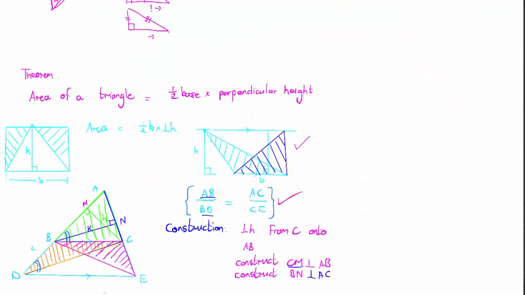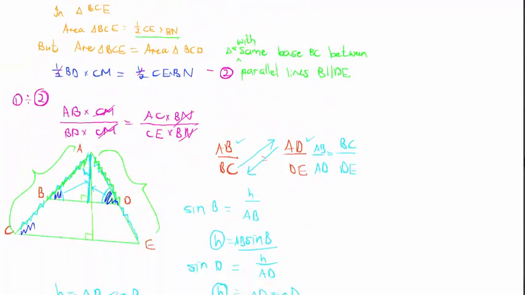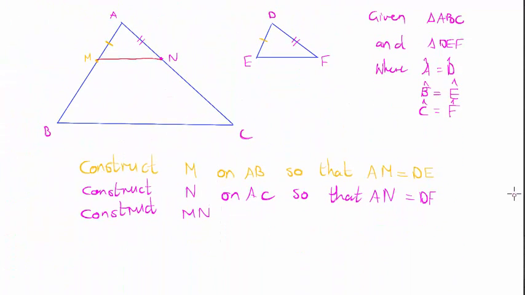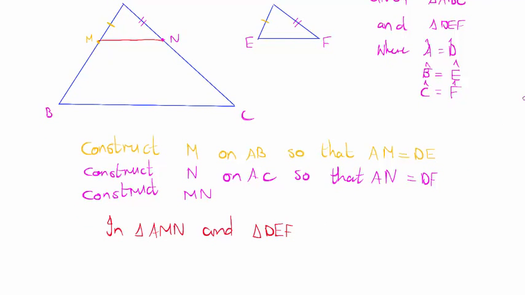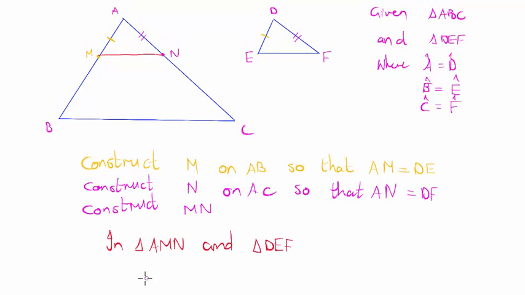But what do we know about our triangles? We do know that in triangle AMN and triangle DEF, in those two triangles, I do know that AM is equal to DE.